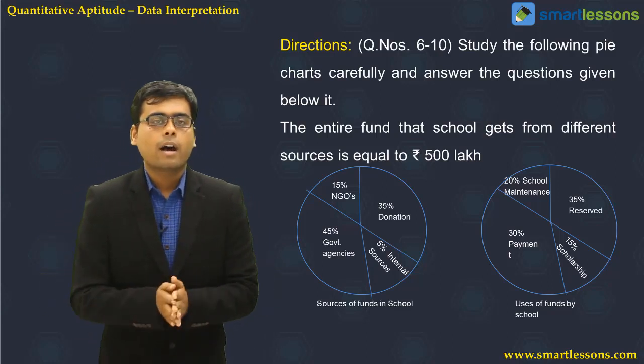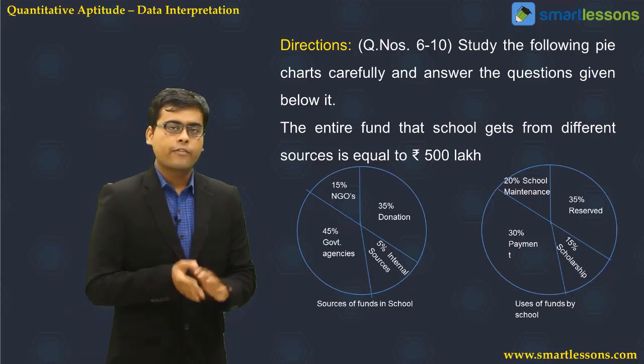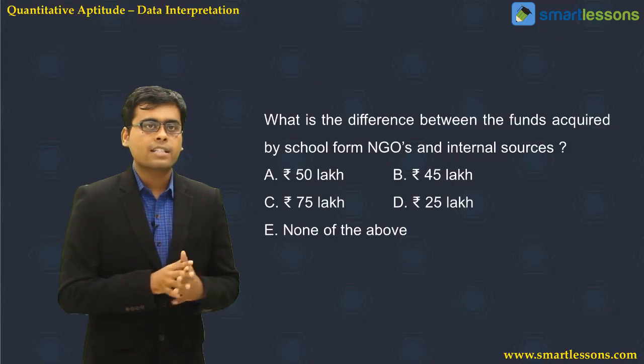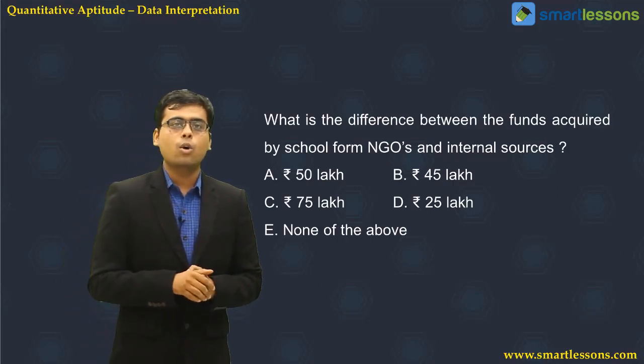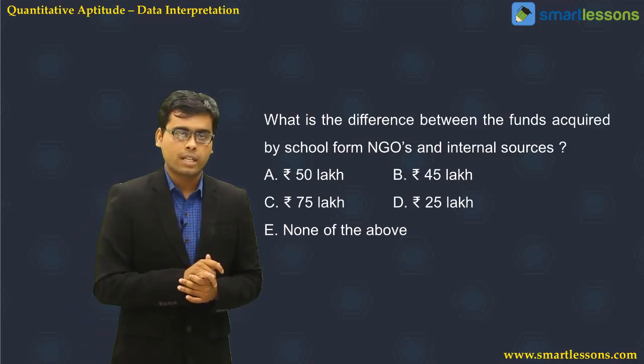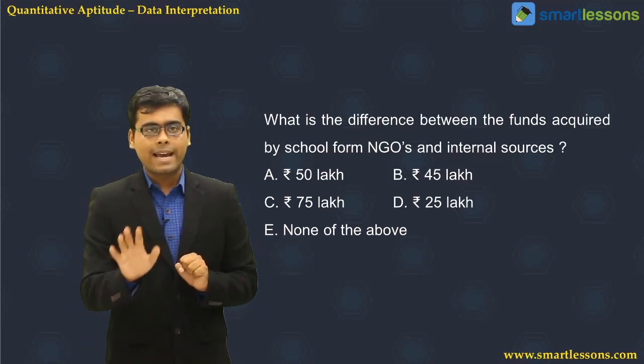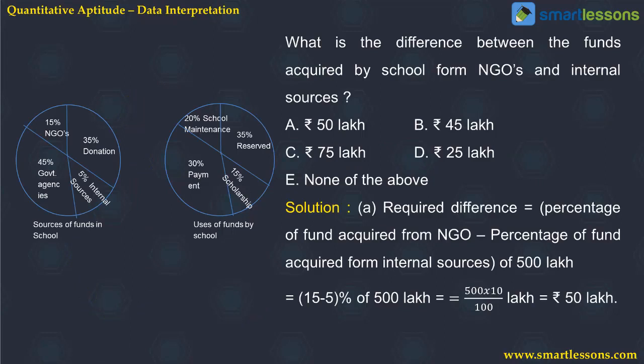Now let us start answering the questions. The first question: what is the difference between the funds acquired by the school from NGOs and internal sources? From NGOs, the school is getting 15% fund, and from internal sources, 5%.